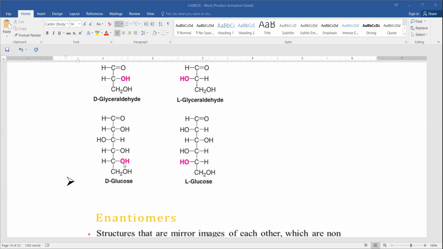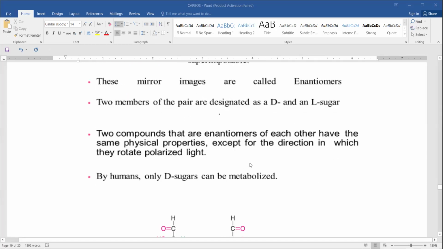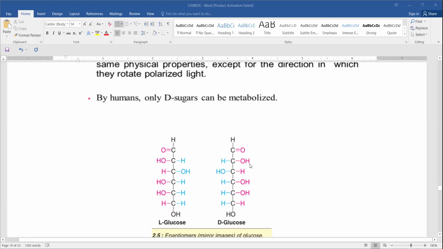Here only the change can be seen. Due to this change, they look like mirror images, otherwise they are similar. So they are not complete mirror images. They are almost superimposed except on the fifth carbon. Whereas enantiomers are complete mirror images and are not at all superimposable.